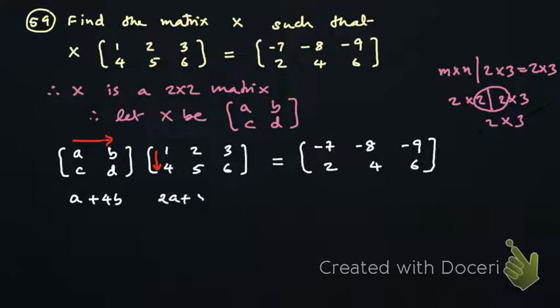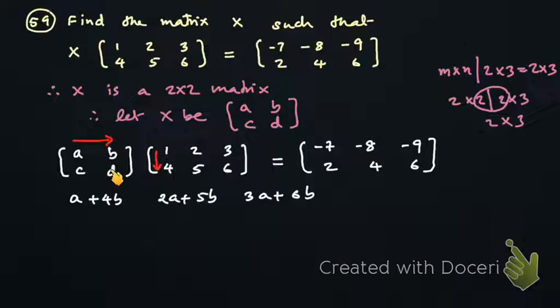So let me complete that row now. First row into the first column, 1A plus 4B. First row into the second column, 2A plus 5B. First row into the third column, 3A plus 6B.